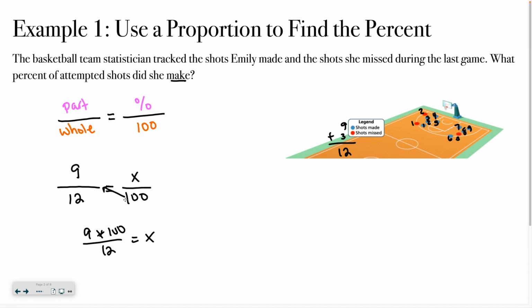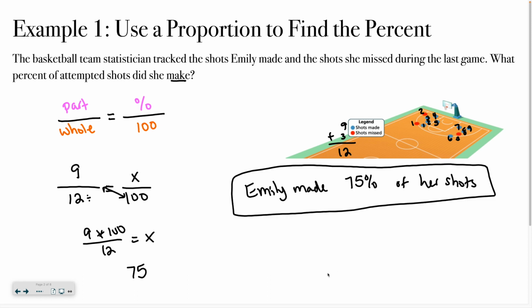Because again, just that cross multiply and divide. So 9 times 100 is 900. 900 divided by 12 is 75. So that means that Emily made 75% of her shots.